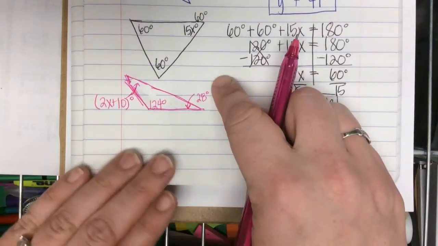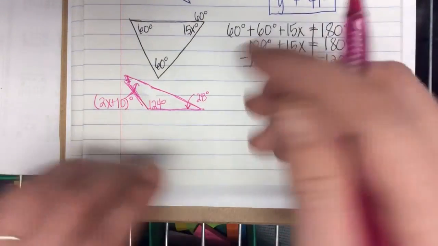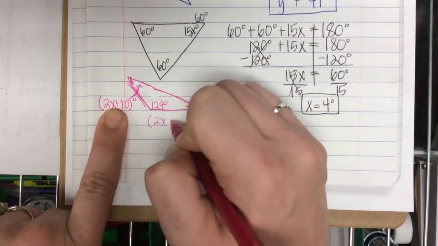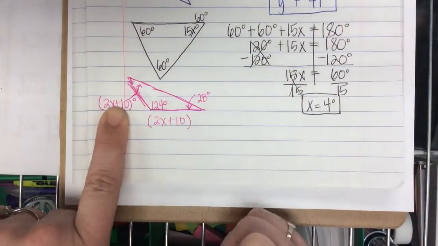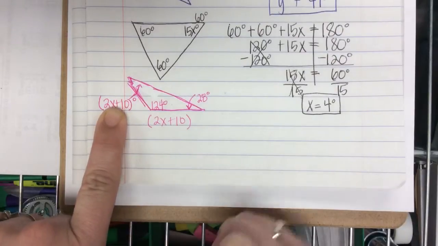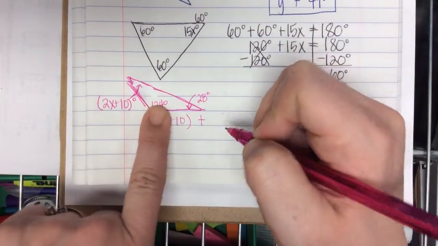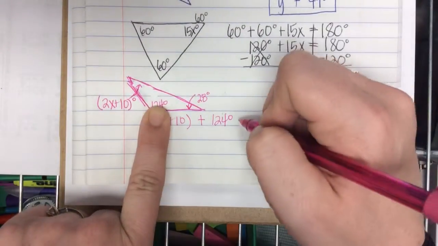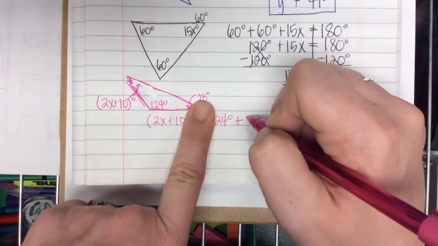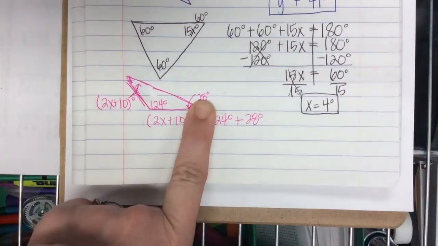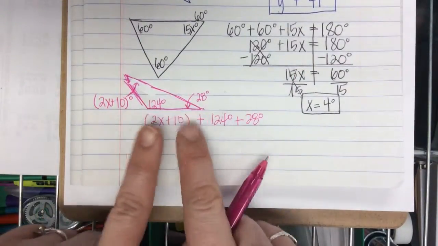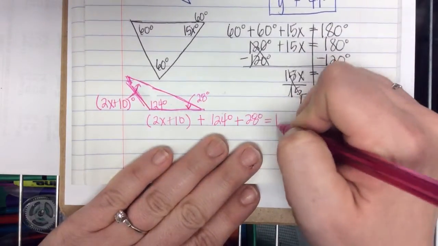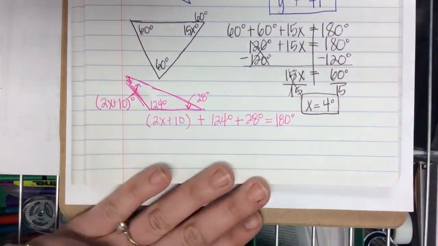If they give me all three angles, I know if I add them all up, so 2x plus 10, that's angle 1, plus angle 2 is 124 degrees, plus angle 28 degrees. If I add all three of them up, what do I get? 180 degrees.